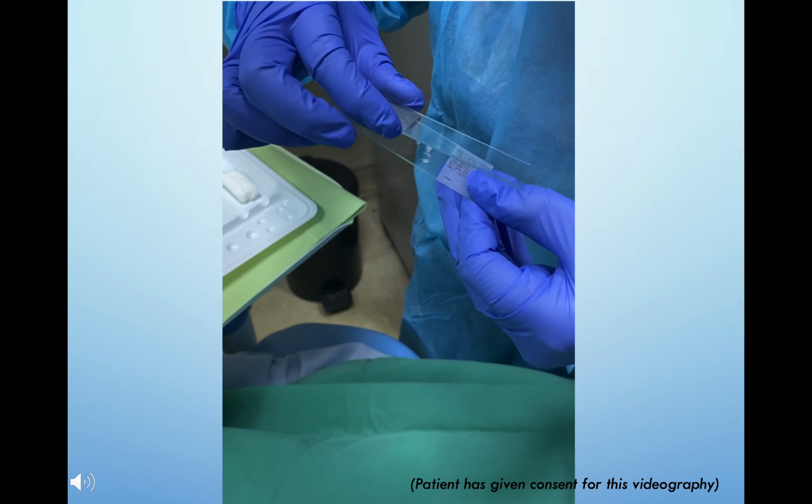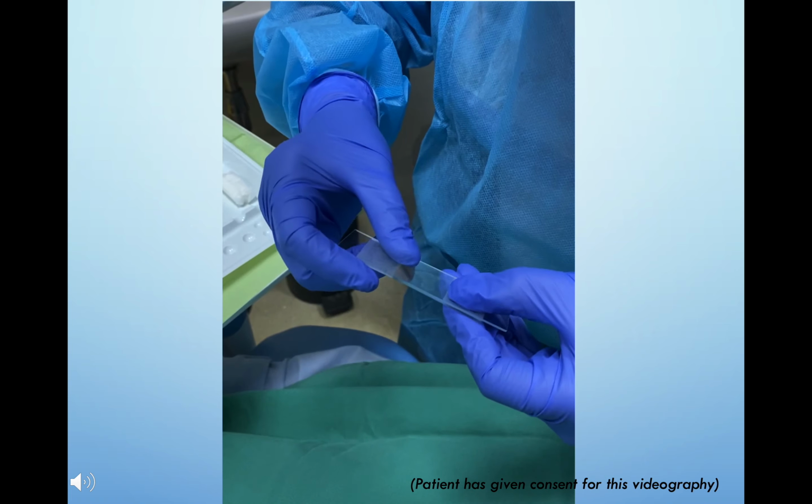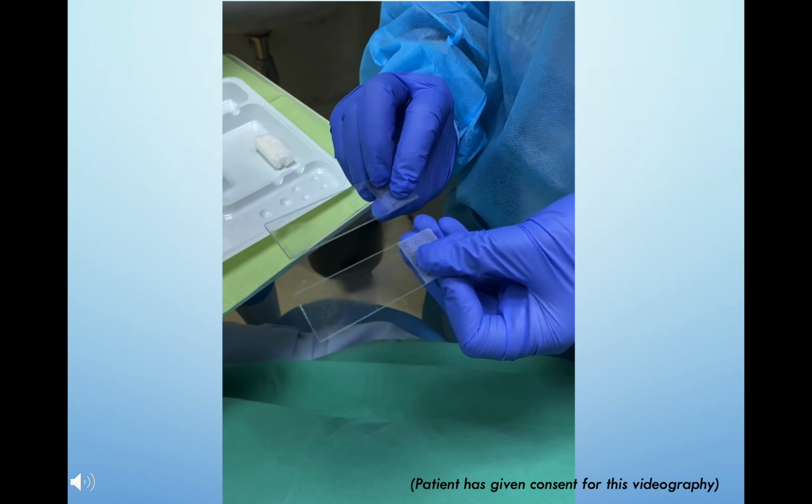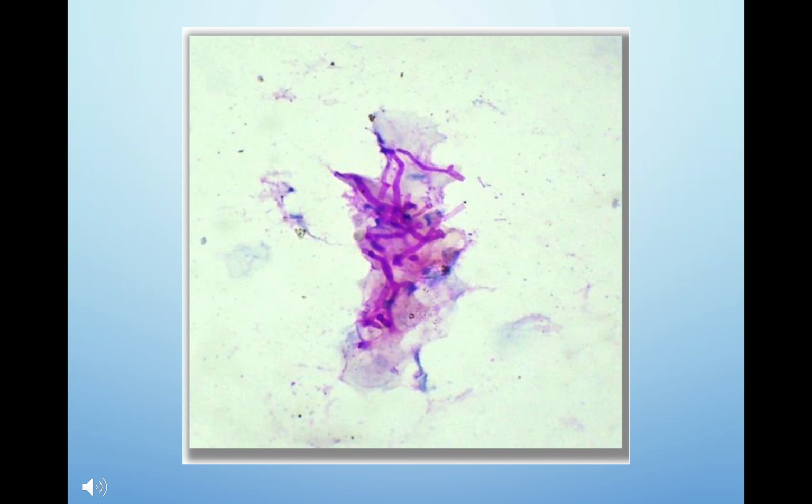The cells will then be spread evenly on the slides using another piece of microscopic slide. The slides will be left for a short while to dry and then will be placed into the alcohol container, and this will be sent to the lab immediately for staining.